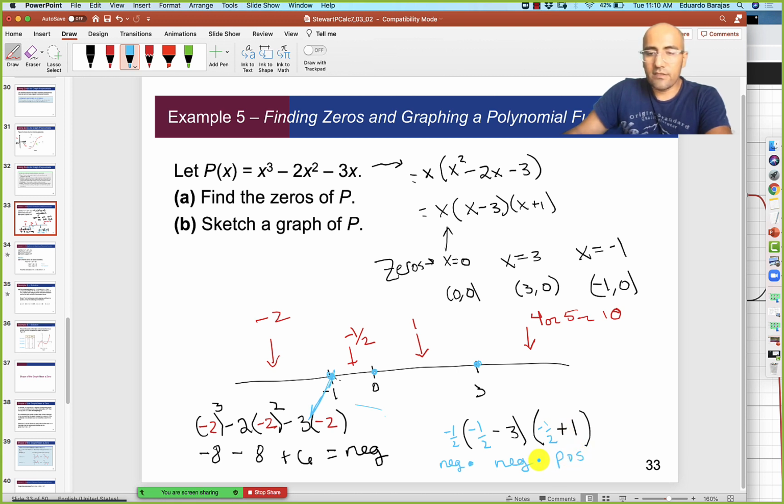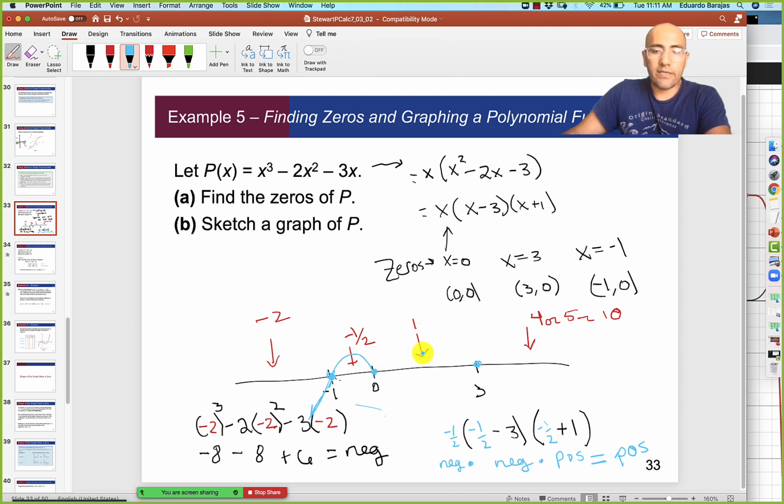So I know that the answer ends up being a negative number times a negative number times a positive, and I know that that ends up being a positive. So I know that this graph is going to be somewhere over there like that. Again, I don't really know if it goes way up here and comes back down. I'm just saying this is my rough guess of what it does.